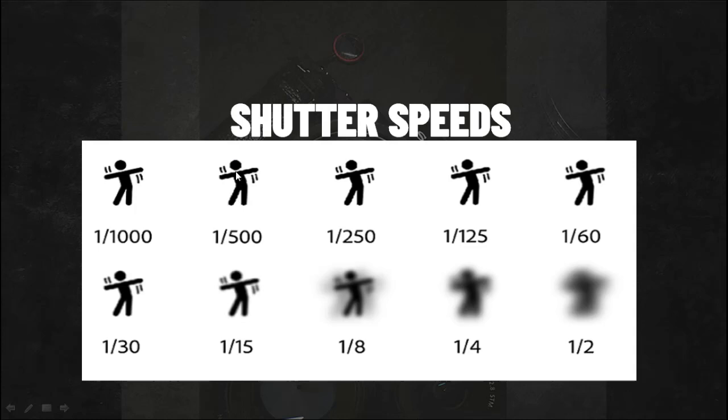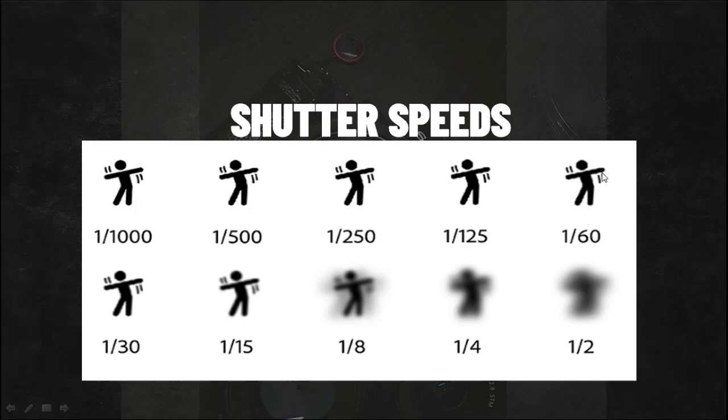When you're shooting at 1/500, it will freeze, but you might be able to witness a little motion effect around the edge. And that will continuously become obvious the lower your shutter speed becomes.